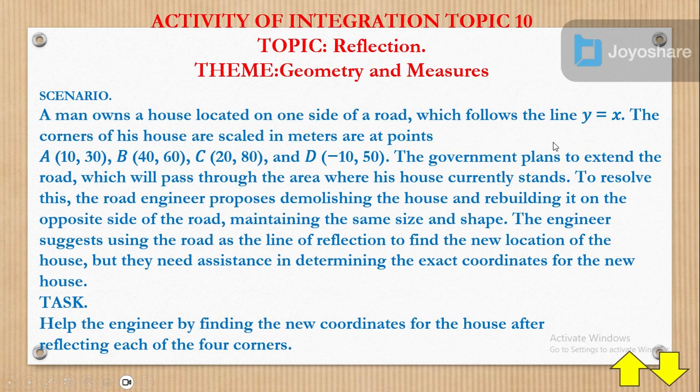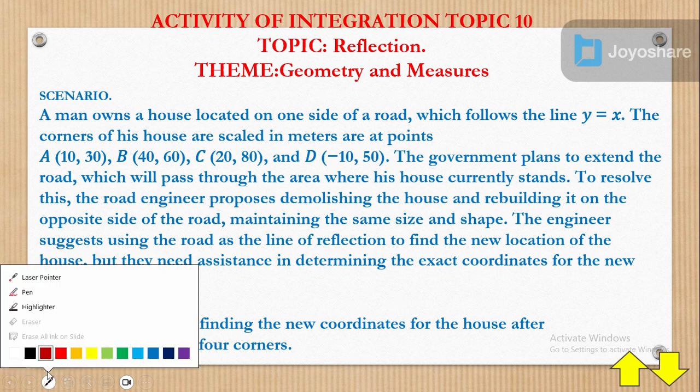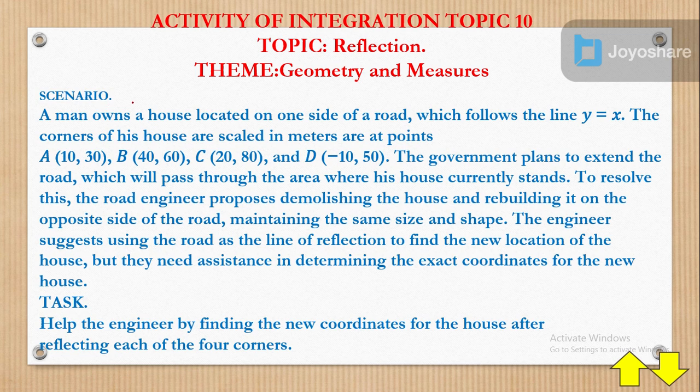Let's move next. So finally this brings us straight away to activity of integration 10, and that is specifically about reflections. They're saying a man owns a house located on the side of a road which follows a line y = x.